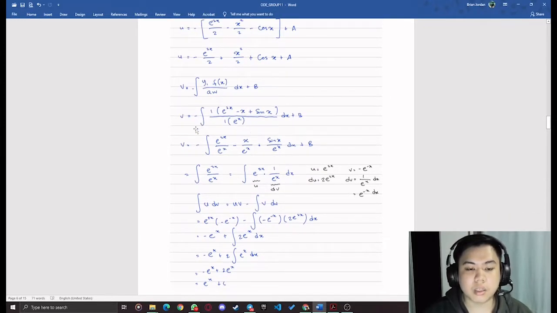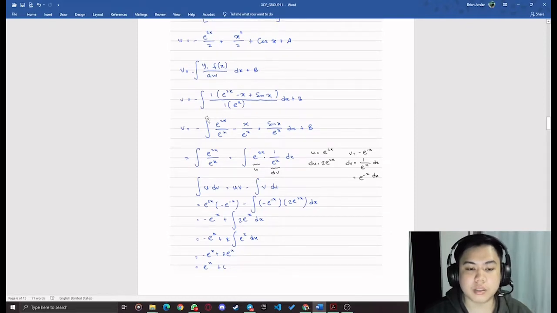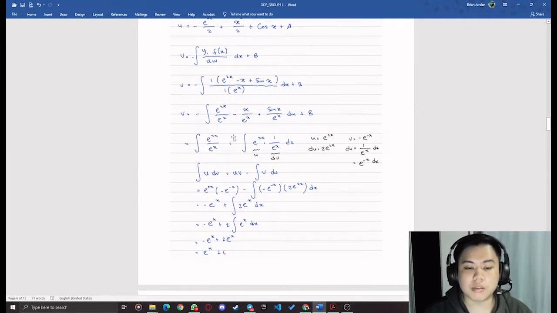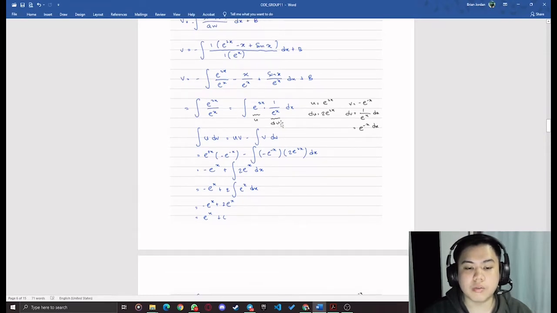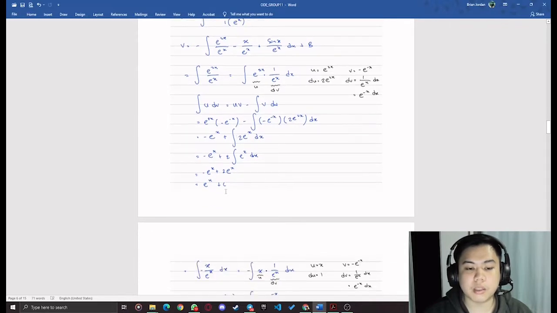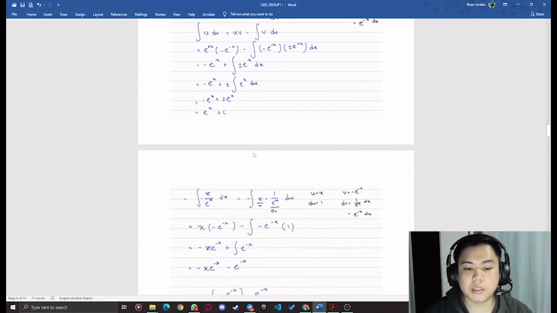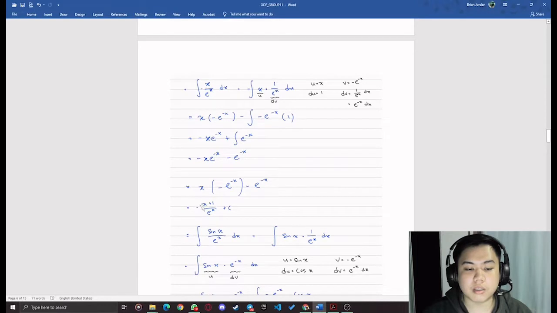So what I did is I solved each of these integrations by using integration by parts, which uses this formula, which is uv minus integration of v du. For the first part, it is exponent x plus c. And then for the second part, it is minus x plus 1 over exponent x plus c.